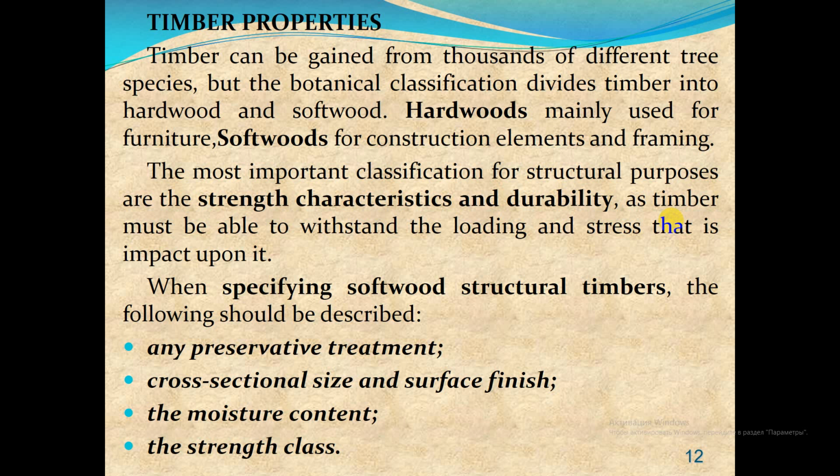This is particularly important with softwood, which is used predominantly for structural timbers, as this is the most economical timber to use for structural application. When specifying softwood structural timbers, the following should be described.